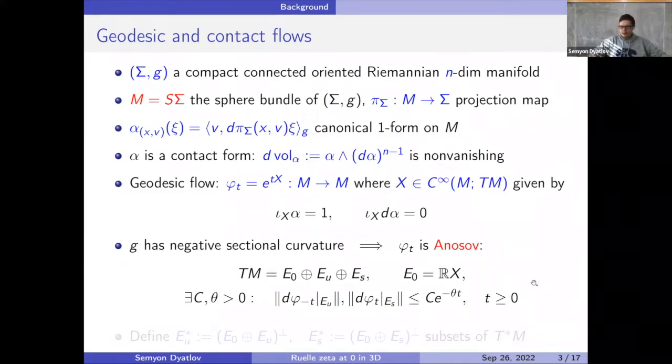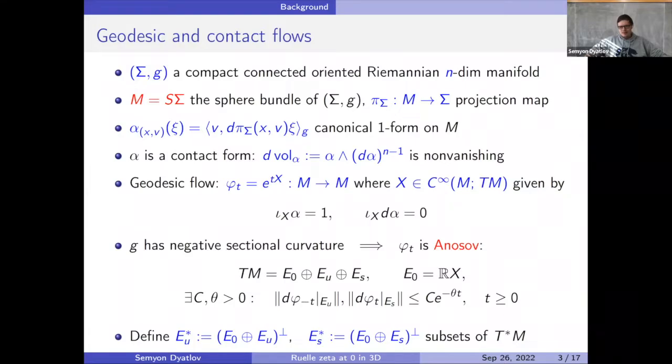All right. So for later use, since I'm going to be using microlocal analysis, and microlocal analysis is better done on the cotangent bundle than the tangent bundle, I'm going to define these dual stable and unstable sub-bundles of the cotangent bundle to M. And again, M is the sphere bundle of sigma, but don't think about sigma.